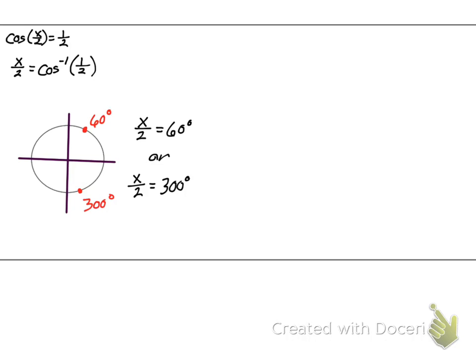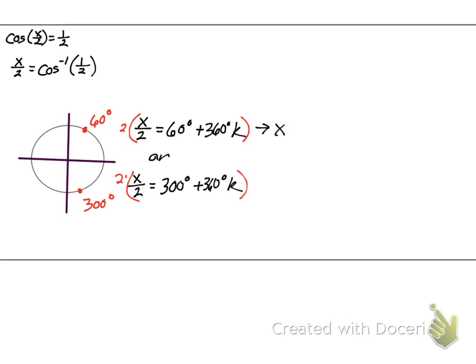So we're going to have x divided by 2 equals 60 plus that 360 degrees to get me back. And we're going to do plus 360 degrees to keep going around the circle for that one. Once again, I need to multiply everything by 2 on both equations.